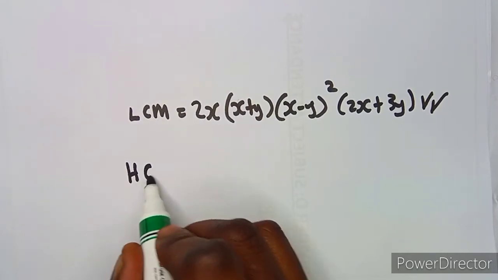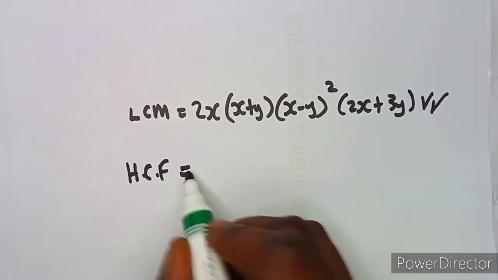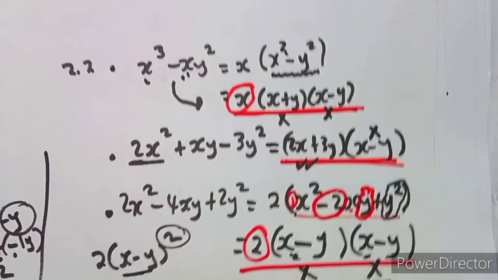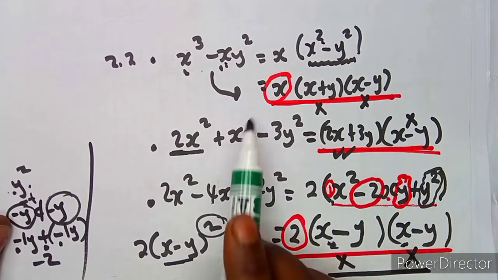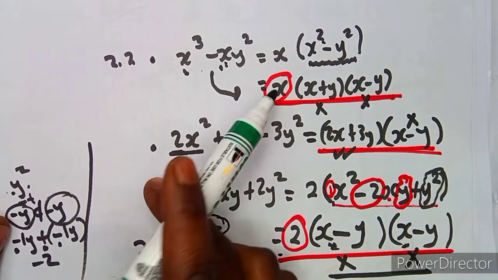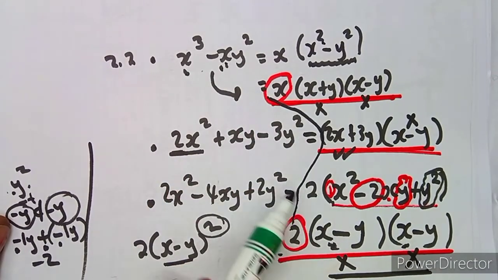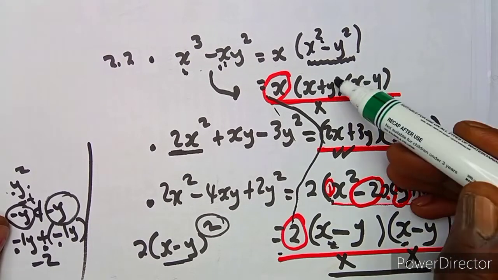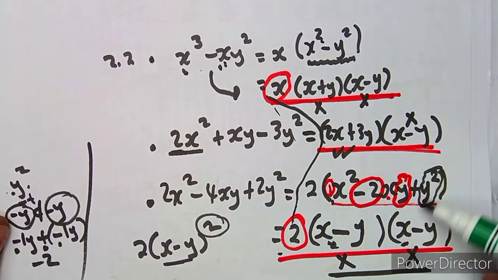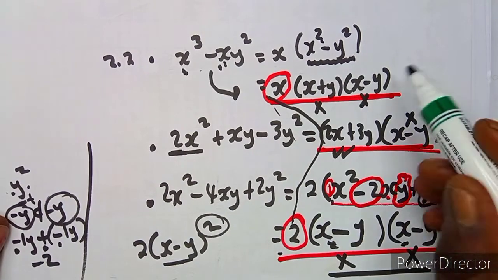Let's say the question was asking us about the HCF. What was going to be the HCF? Remember, HCF, I told you it must be common throughout. As you can see, in terms of these numbers which are outside the bracket, there's nothing that is common, so you're not going to take anything. We move on to the brackets. We've got this bracket of x plus y. We can't see it anyway, so it's not common. You're not going to take it.